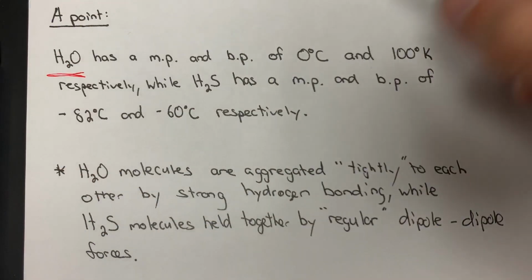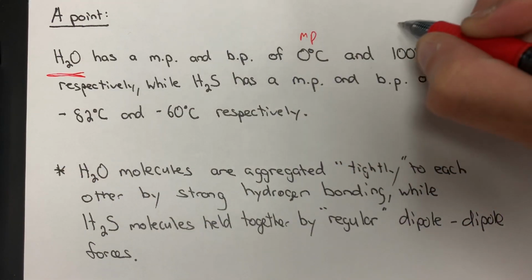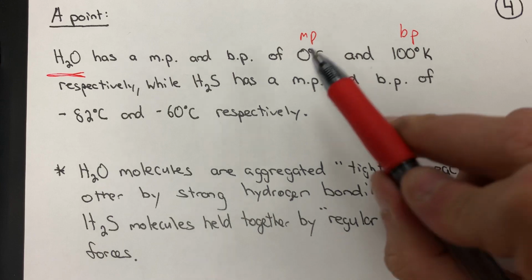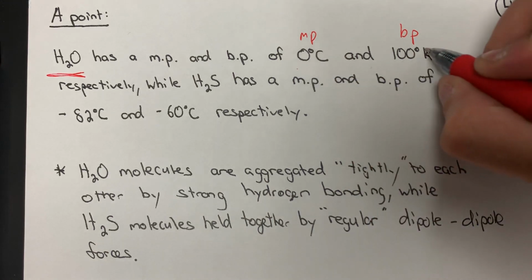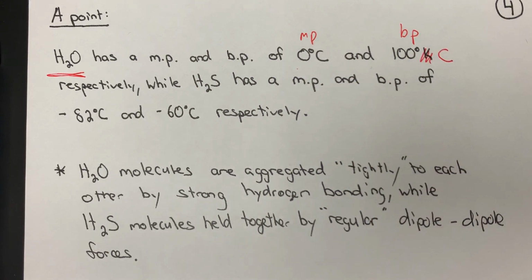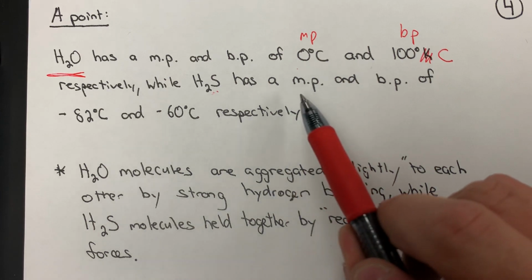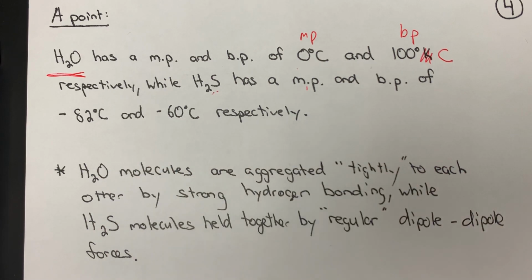So a water molecule has a melting point and boiling point of 0 and 100 respectively. This should be in degrees Celsius. While our H2S here only has a melting point of -82 and a boiling point of -60, okay?